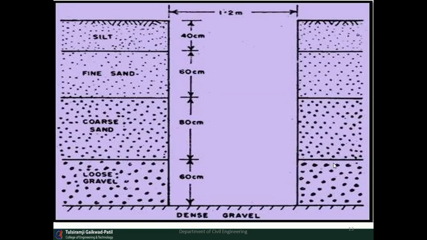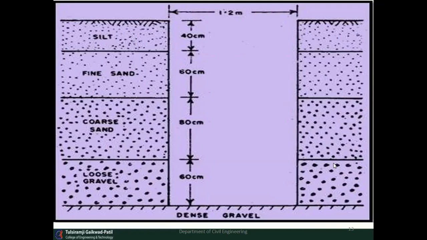From this figure, we can understand the various layers of material as shown. Slate is the first layer, fine sand is the second layer, coarse sand is the third layer, and loose gravel is the final layer.